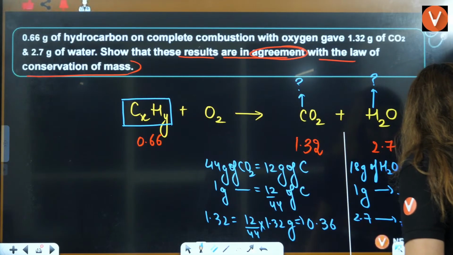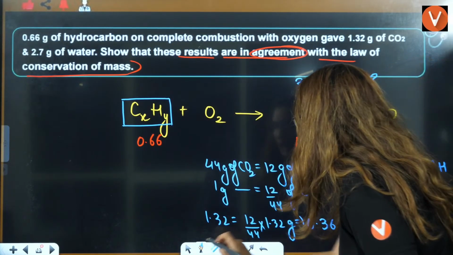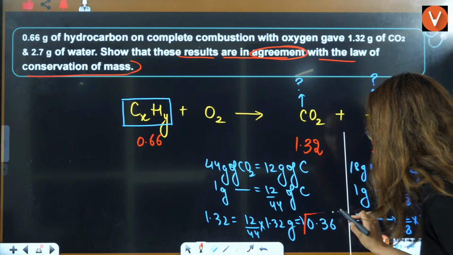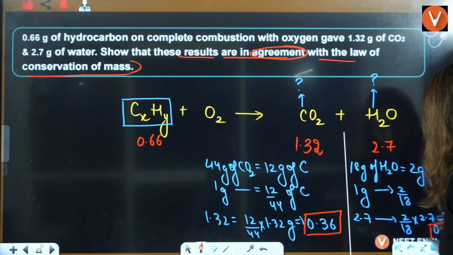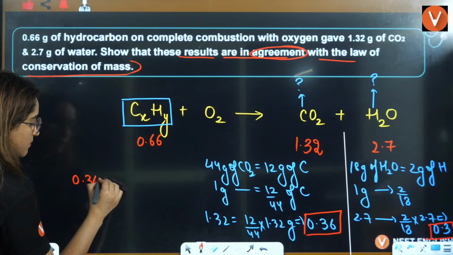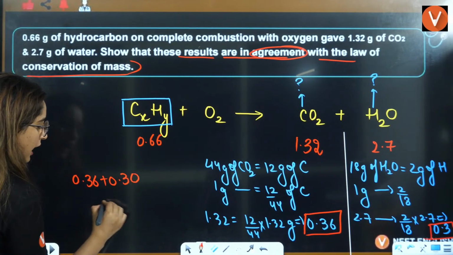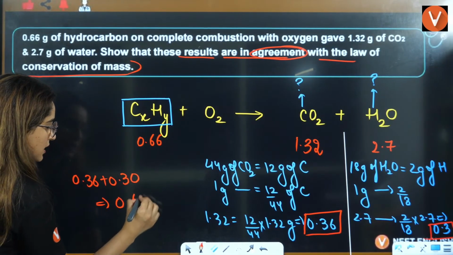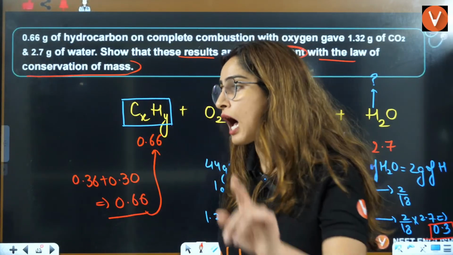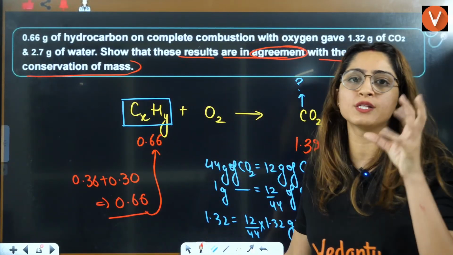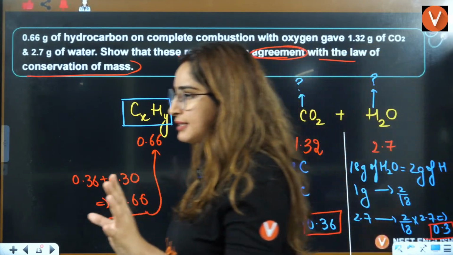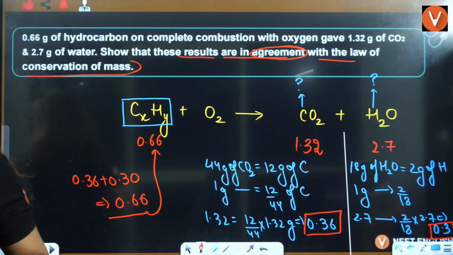Now you add these two things: 0.36 plus 0.3 is nothing but 0.66. So is it in accordance with this? Yes. Now we can say it is in accordance with the law of conservation of mass. Is that clear? Okay.